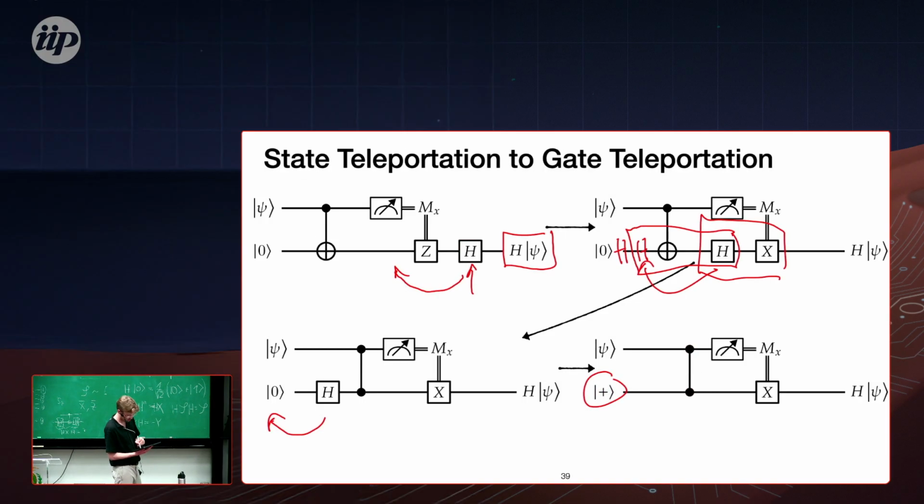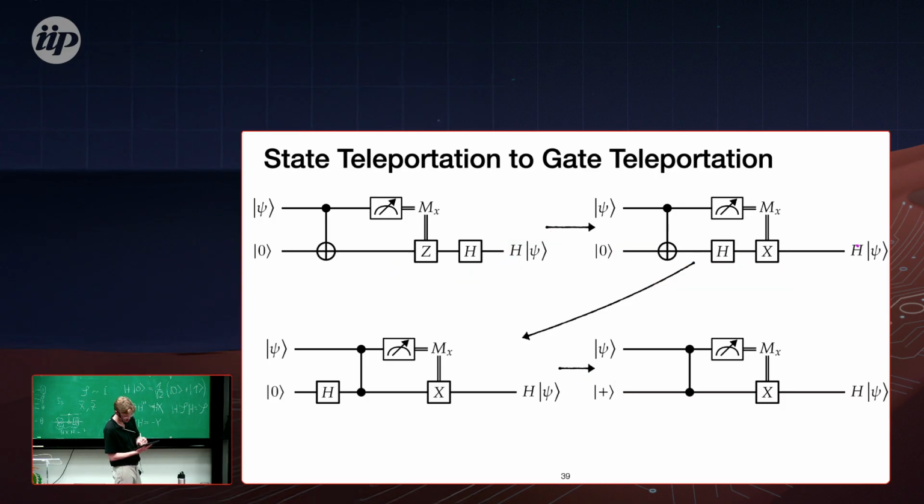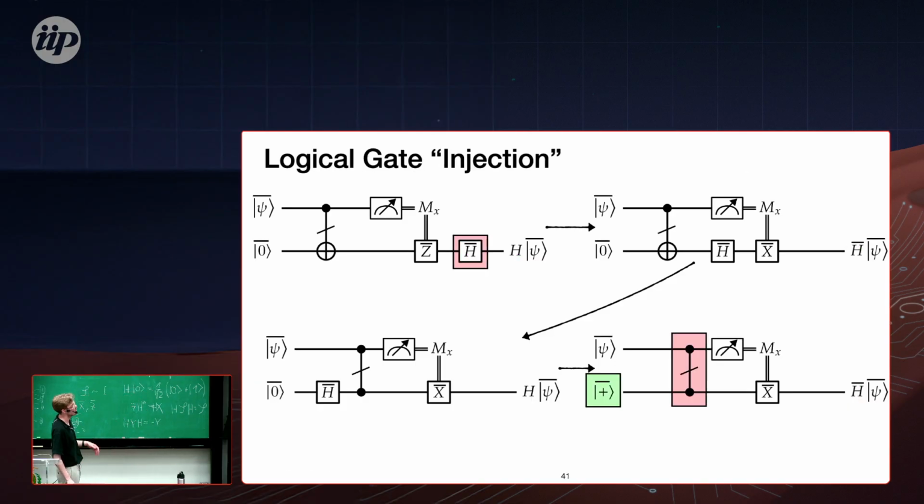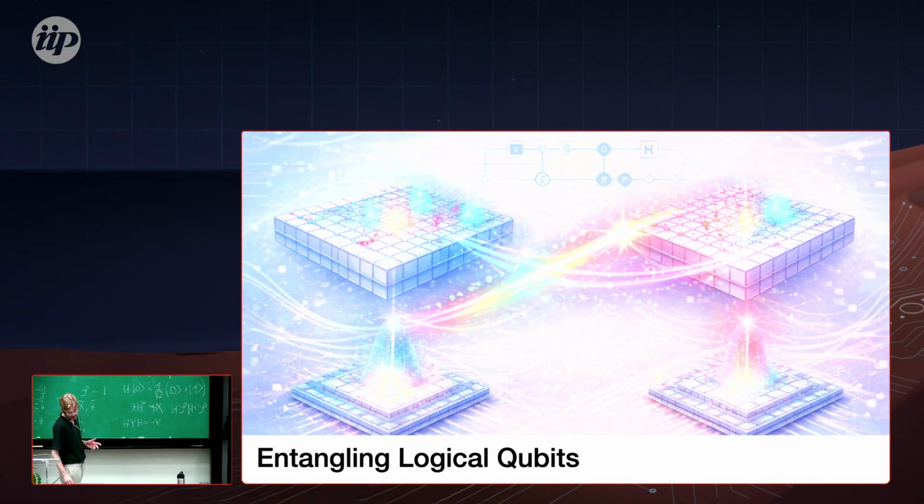So I could also do the same thing with a T. The only thing that changes is, all these were wrong, but I will show you maybe tomorrow the exact circuit. Some of the circuit transformations will be different, but I can do the same thing with a T-gate. And then what we still need is how can we entangle logical qubits. And this I will talk about tomorrow.